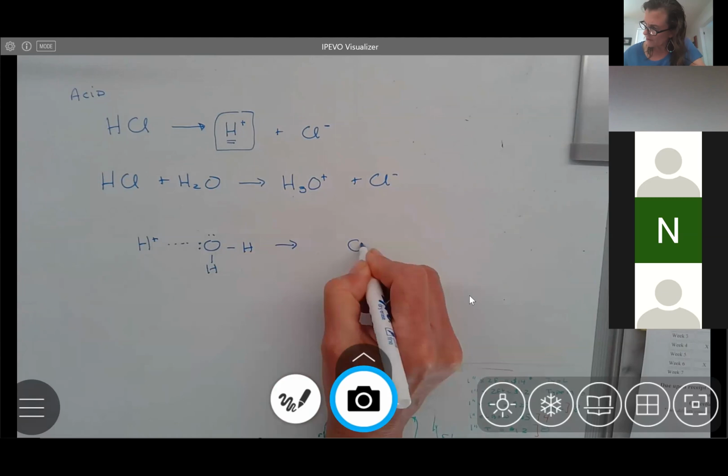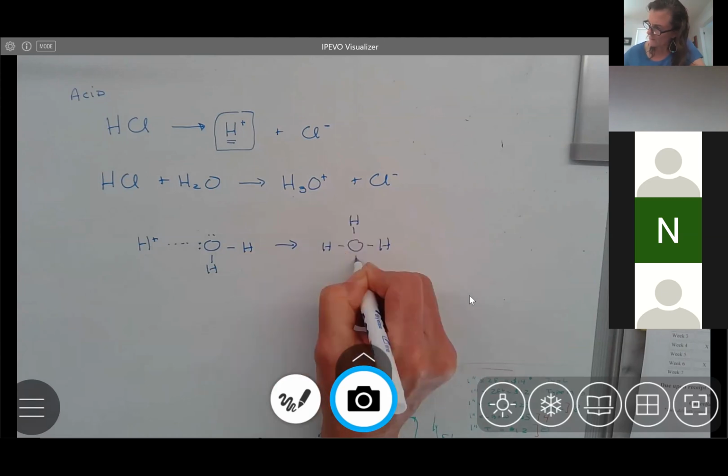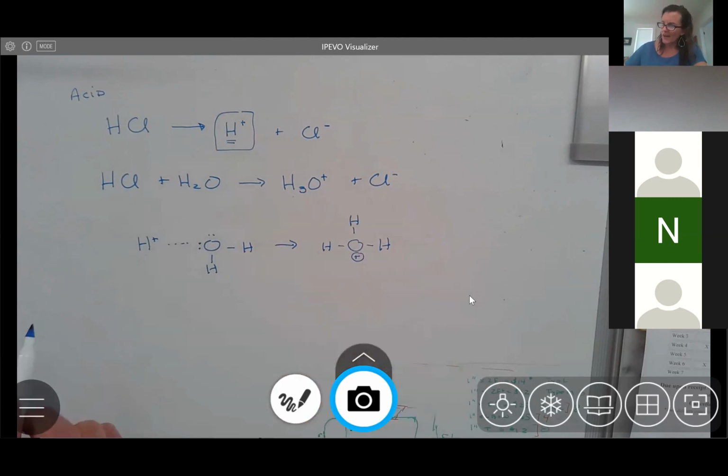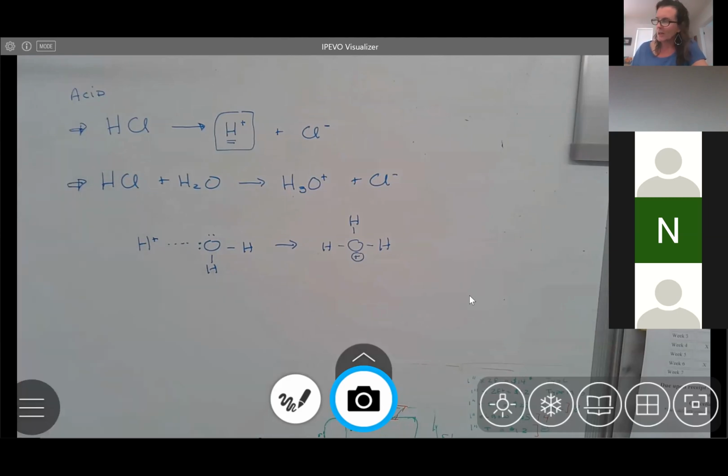This is the Lewis structure for it. So these two reactions are representing the same thing. This is more chemically correct and more representative of the chemistry in the actual solution, but the other is also just fine for representing this reaction. Sometimes it's a bit clearer to see it without the water. There are other times where you need to include the water to properly understand what's going on.